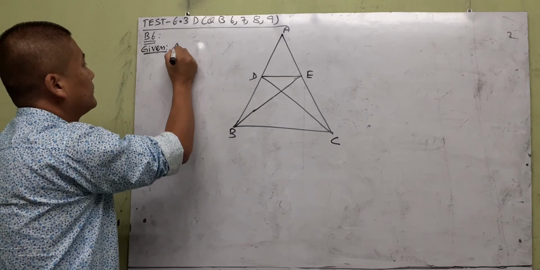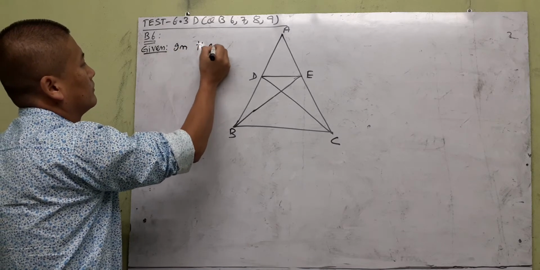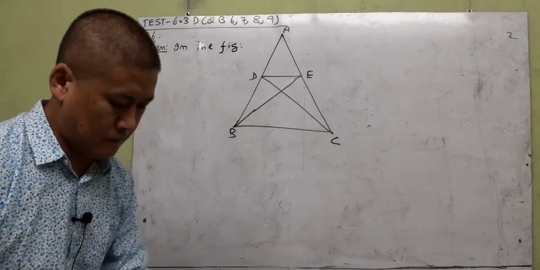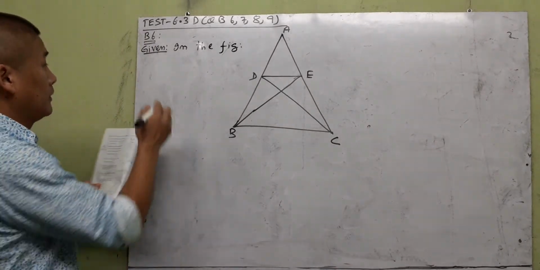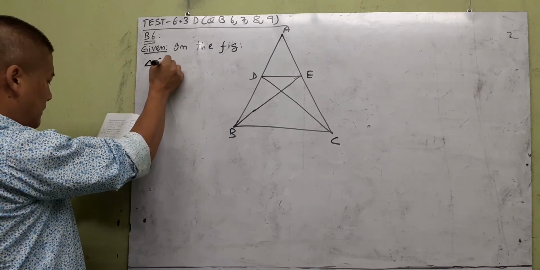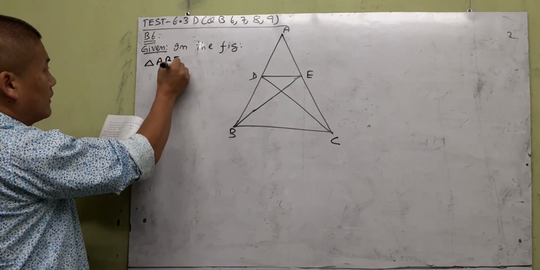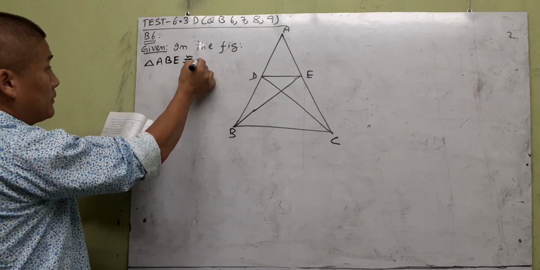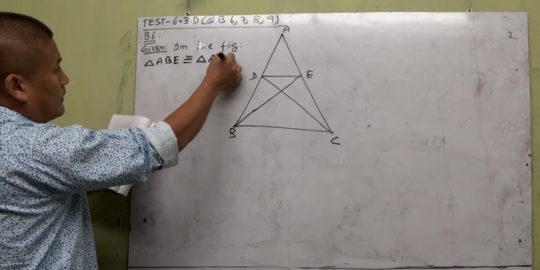Given to us is, in the figure here, triangle ABE is congruent, okay, congruent means same in shape and size, to triangle ACD.